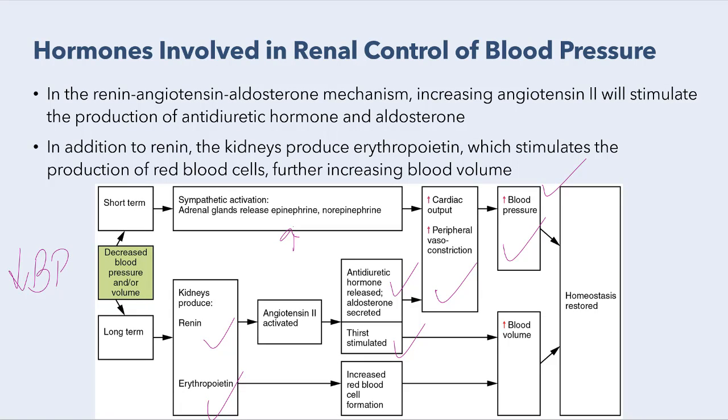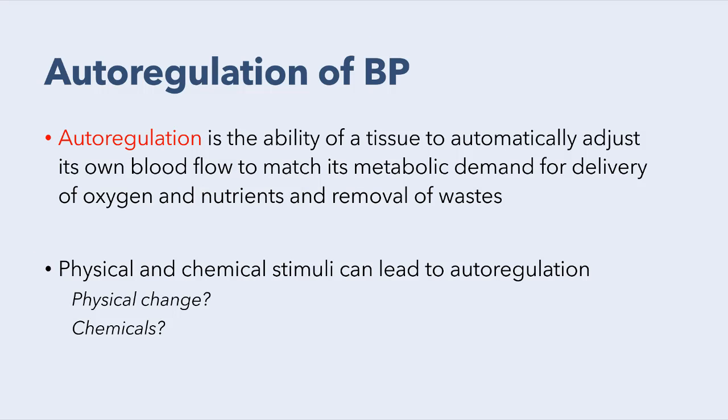Another hormone that can be involved is EPO. This one will increase the production of red blood cells, and if you have more red blood cells, that will cause the blood volume to go up as well. So all of these responses happen at the same time. It just depends on the location and how long the blood pressure drop lasts.